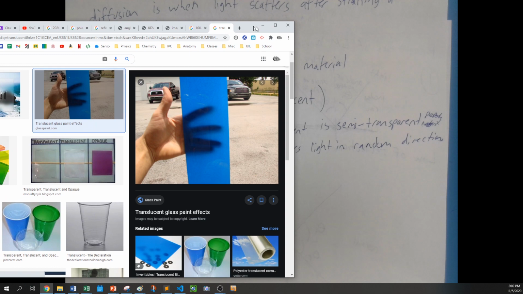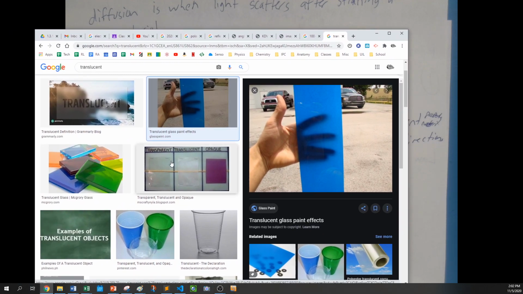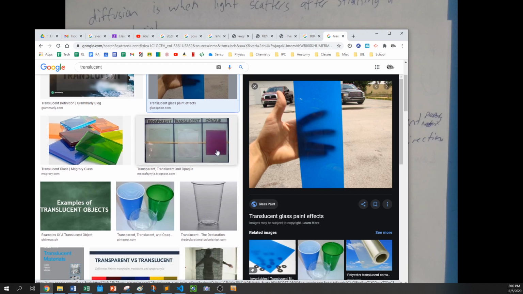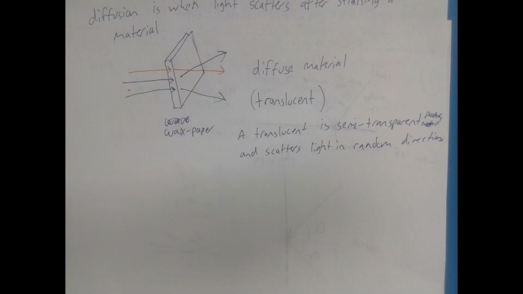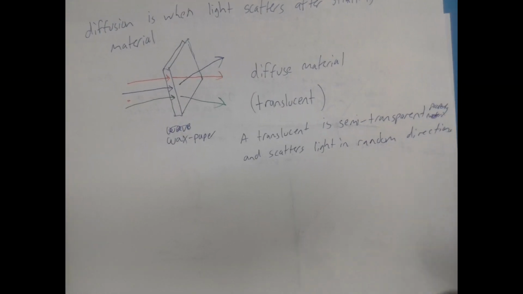So here would something be translucent. Light passes through it to some degree, but it scatters it in random directions.